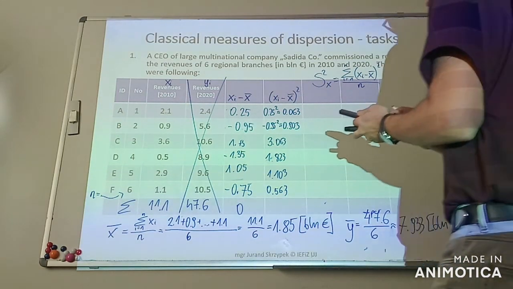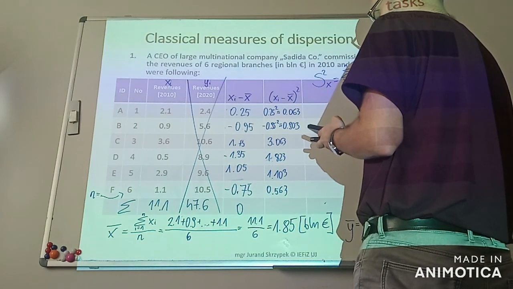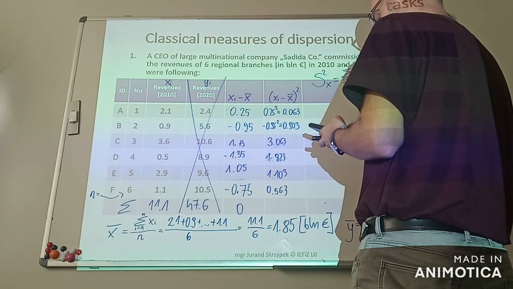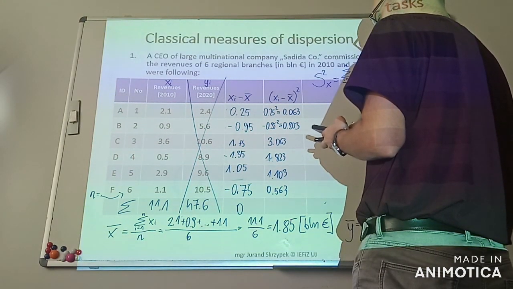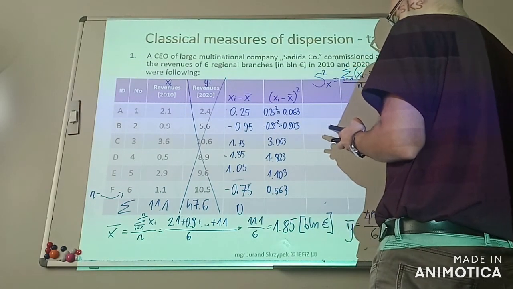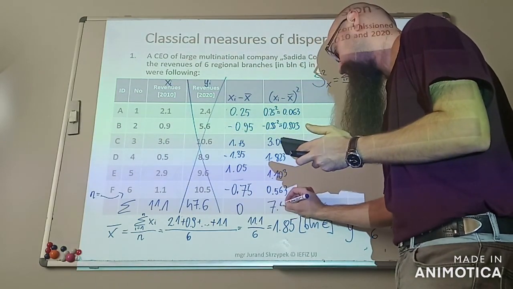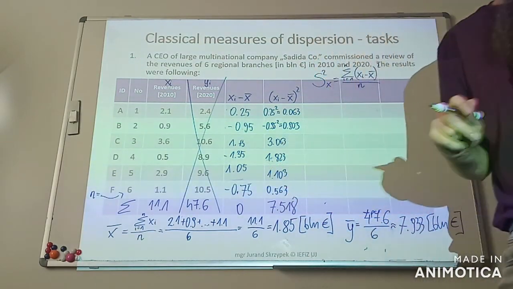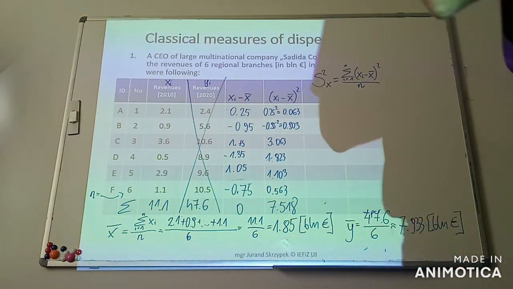Hence we have 0.063 plus 0.903 plus 3.063 plus 1.823 plus 1.103 plus 0.563, and the partial result is 7.518.